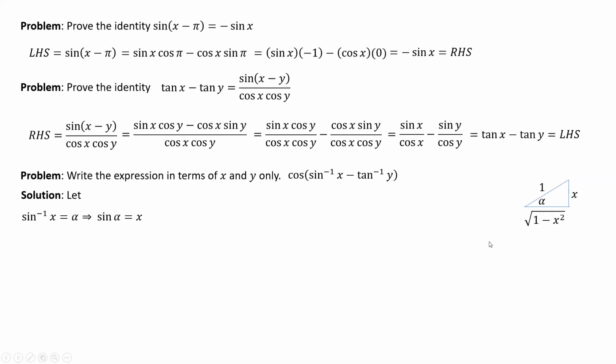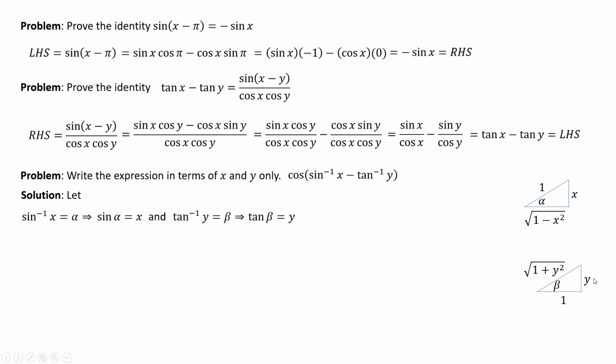Cool. So let's keep that in mind. And similarly, tan inverse of y, let's call that beta. So tan inverse of y is beta, and tangent of beta therefore must be equal to y. Armed with this piece of information, let's construct another right triangle and do a similar thing.